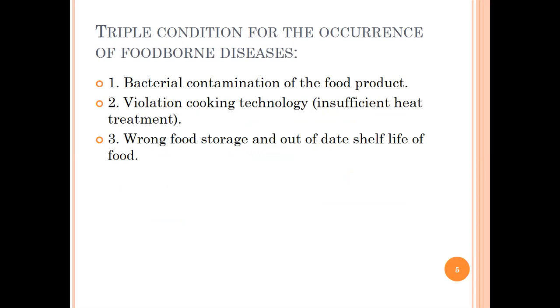And there are three main conditions absolutely necessary for foodborne disease occurrence. The first point, bacterial contamination of food. Second, if food is contaminated and if violation of cooking technology happened, it leads to the next stage: wrong food storage or out-of-date shelf-life food can also cause food poisoning.